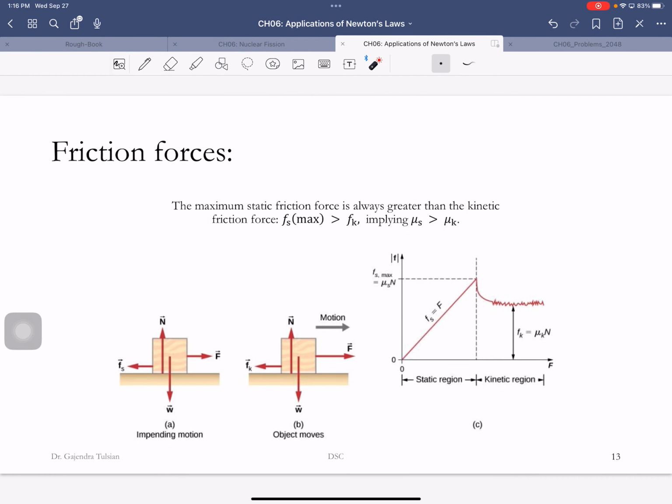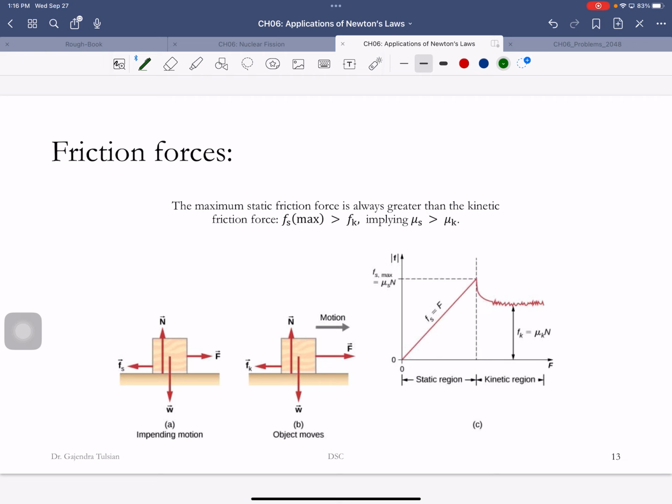All right. Now it turns out that these forces are proportional to the normal force. And if this is sitting on a horizontal surface, the normal force is equal to the weight. Now, of course, if you push down on the object, the normal force will increase. So that's a way to increase friction force.